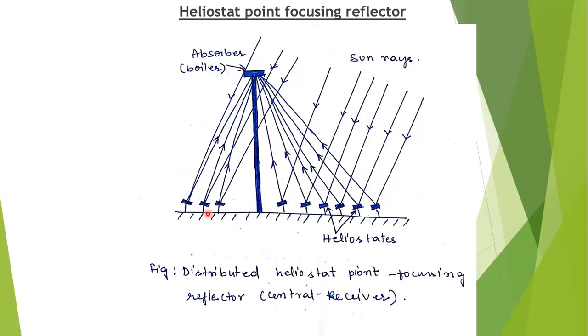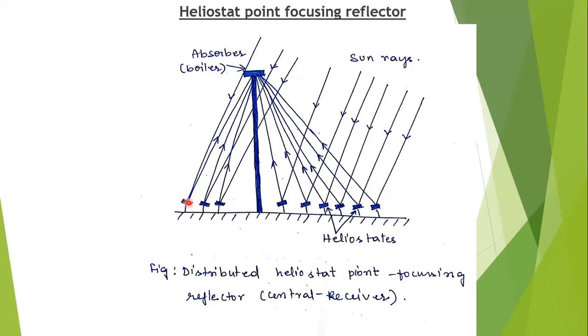Suppose the sun is in this direction and the receiver is here, then the heliostat mirror is also shown in the sun's rays direction. Suppose the sun's rays are like this, on the left side, and the rays will be falling like this onto the heliostatic mirror.